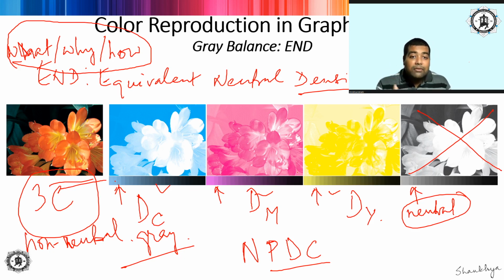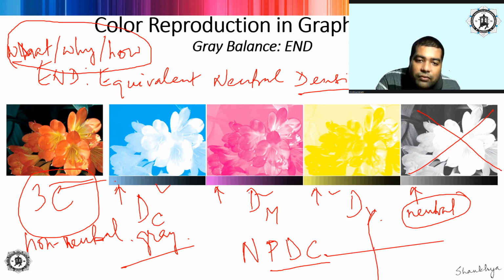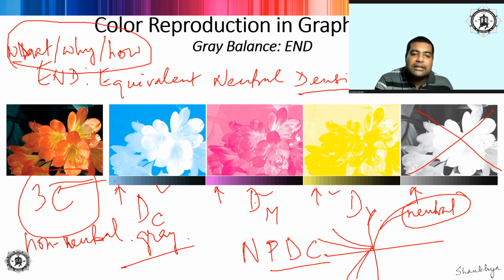If you remember our earlier Jones diagram figure, in the first quadrant we had the 4 color reproduction and your 3 color reproduction, as well as various other curves like this. So for a 3 color reproduction, for a density like this, we found out, in order to reproduce this particular density, how much amount of dot has to be reproduced on the plate, how much of the same has to be reproduced on the film or the negative.